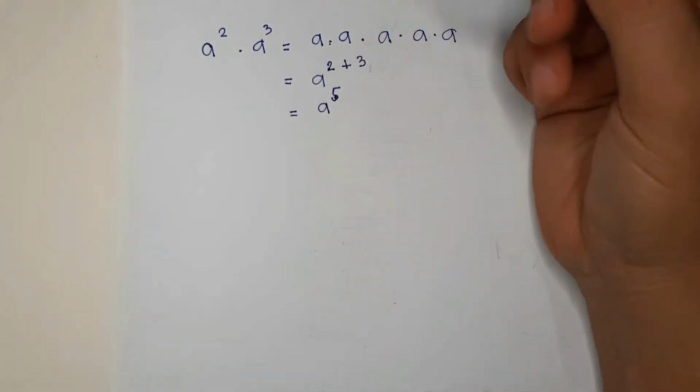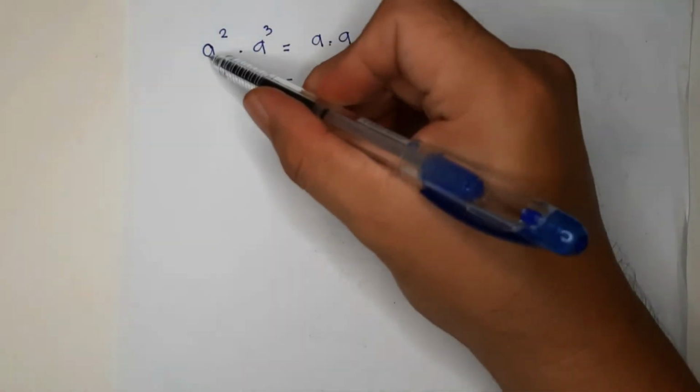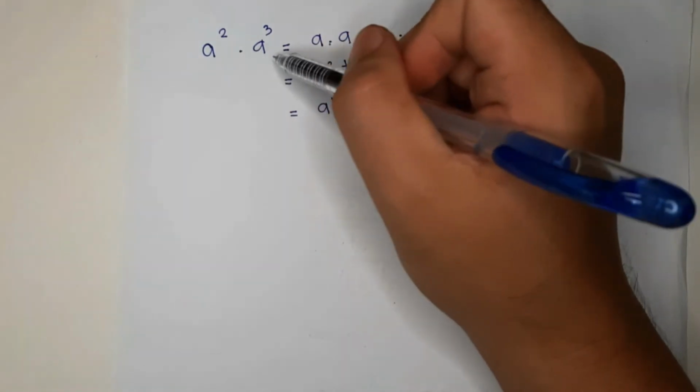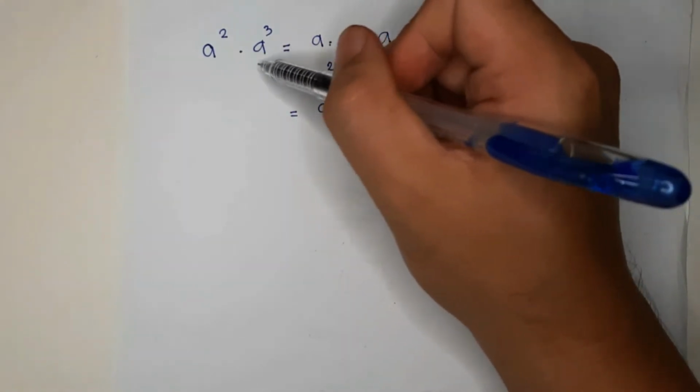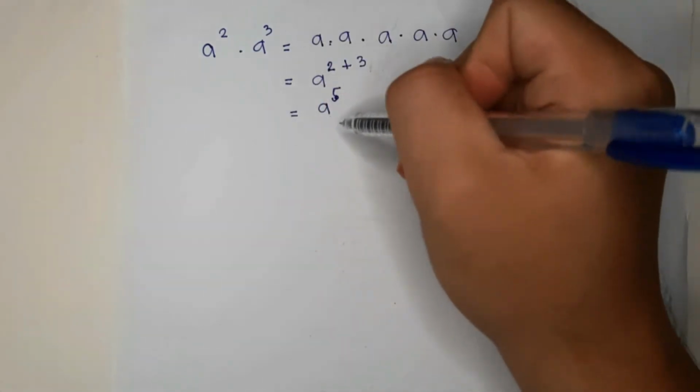You notice that we can add this by having the same literal coefficients. We cannot add them if this one is b. So let's try an example.